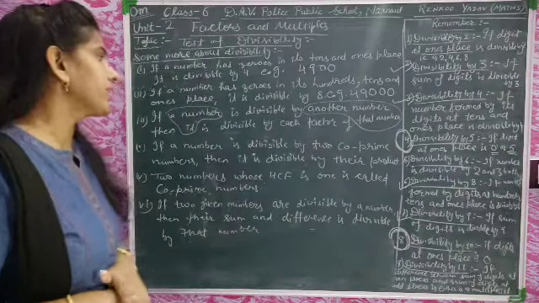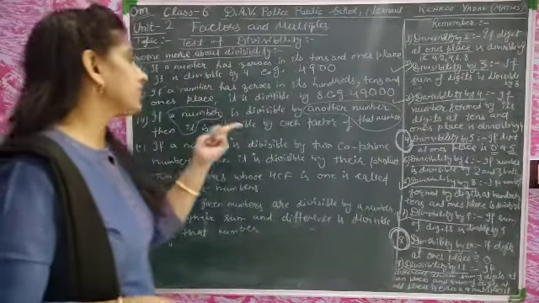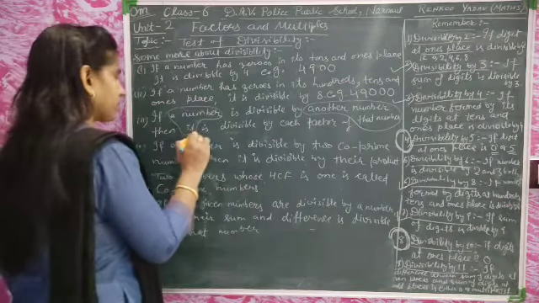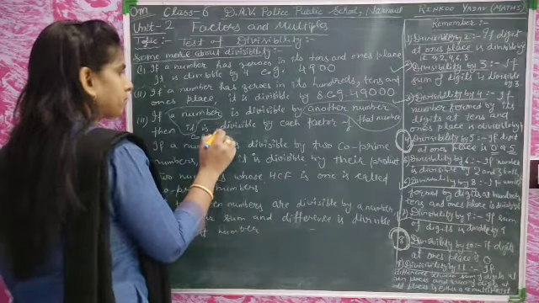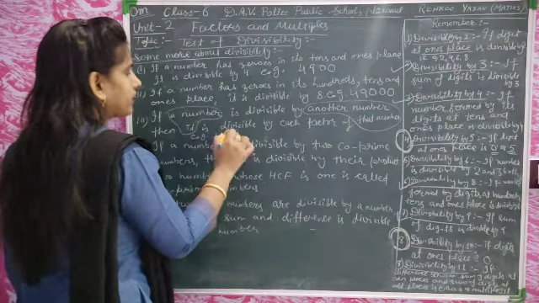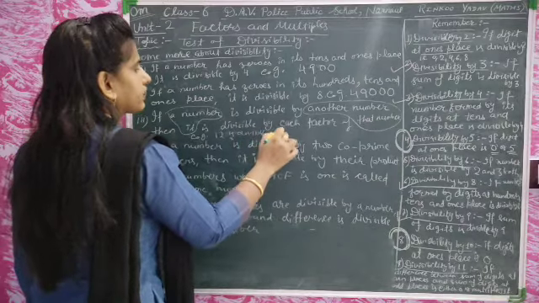Now the next property is, if a number is divisible by another number, then it is divisible by each factor of that number. For example, 12 is divisible by 6.